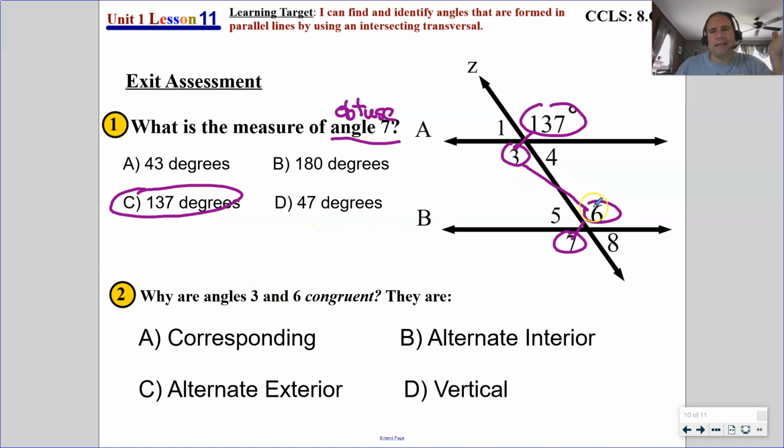Why are 3 and 6 congruent? What's the relationship? Are they corresponding? Are they alternate interior? Are they alternate exterior? Are they vertical? If you did circle alternate interior, they're inside and across. A pair of corresponding angles would be same location.